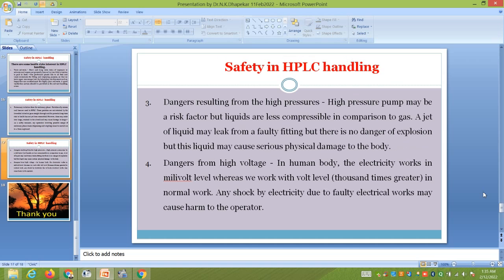And as the pump uses high pressure to inject the mobile phase in HPLC, there is risk while injecting, so pumps should be carefully taken care of because liquid may cause serious physical damage to the body. Apart from this, high voltage is there, and the user should take care of electric shocks and other things.